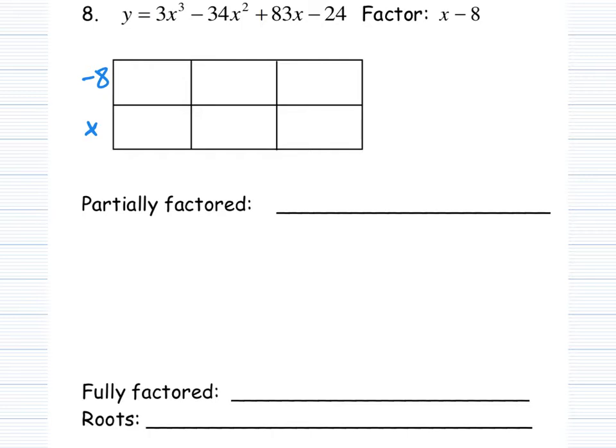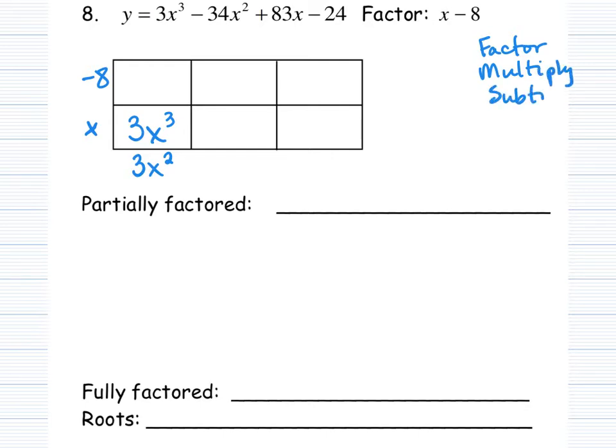So we start with our first term, 3x to the third, divide out 3x squared, because we know that 3x squared times x gives us 3x to the third. And we follow the pattern: factor, multiply, subtract.